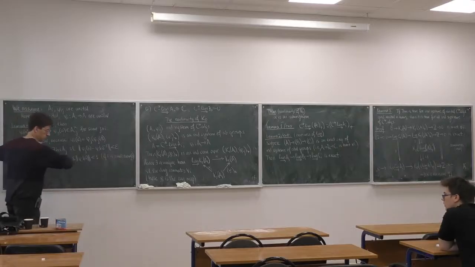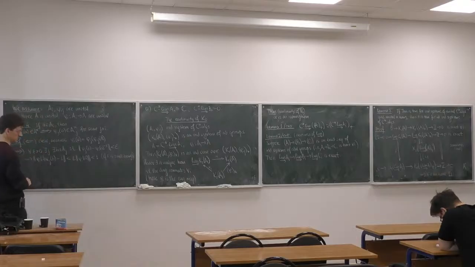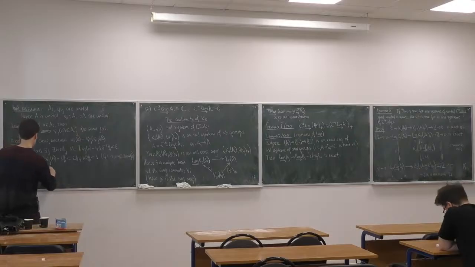But we can push them forward to make them belong to the common algebra A_k. So let's introduce some auxiliary notation for every k greater than or equal to i. Let a_k denote the image of a in A_k.